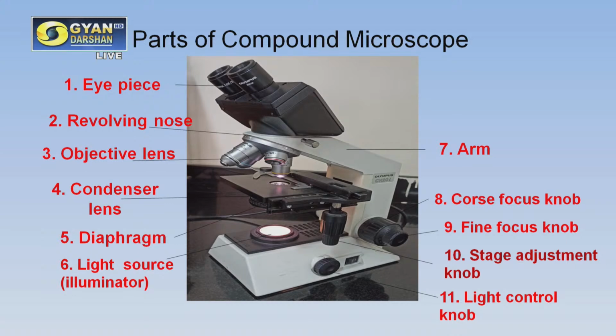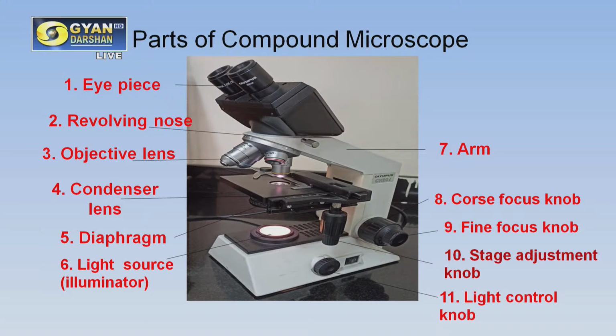Among the other basic parts of the microscope, you can see the arm, which holds the microscope. Then the coarse focus knob, which moves the objective lens up and down near the specimen stage, and the fine focus knob, which sharpens the image of the specimen.